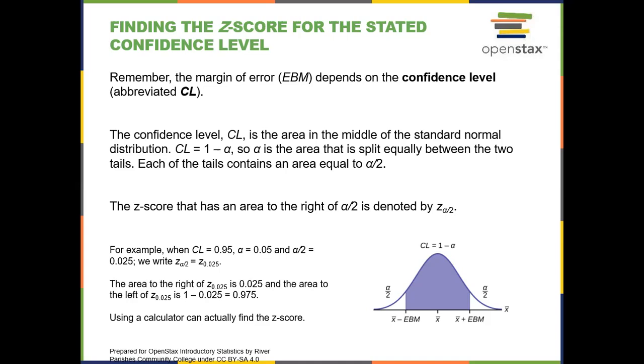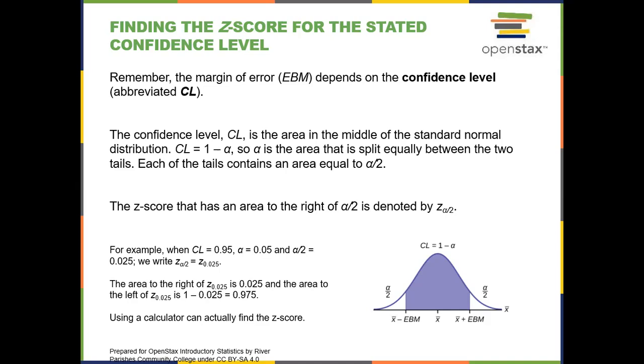Now we go to our calculator, the TI-84. We press the second key in the top left, then we press the DISTR key, which is in the third row. Second DISTR, and then we select 3, invNorm.